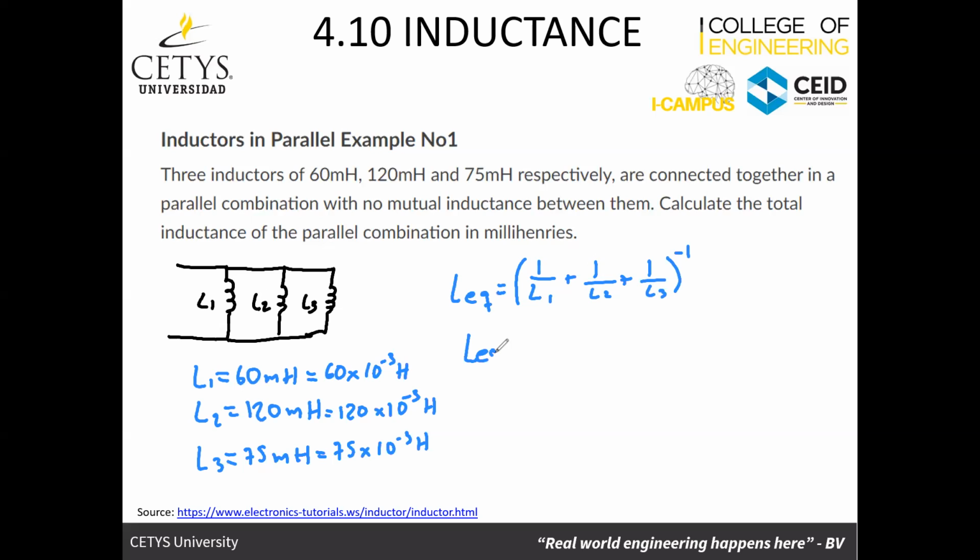So the total inductance is going to be 1 divided by 60 times 10 to the -3, times 120 times 10 to the -3, plus 75 times 10 to the -3 henries, all to the -1. Please, somebody help me out with that calculation.